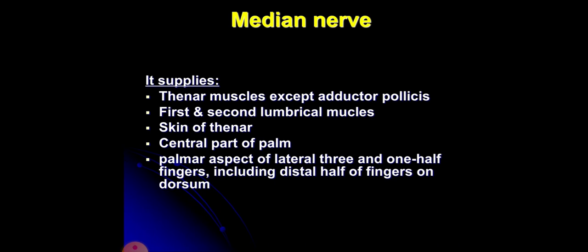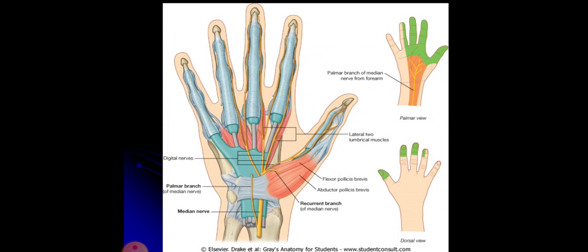Also, the median nerve supplies the first and second lumbrical muscles. In the forearm, the median nerve gives a sensory branch to supply the central part of the palm, and the median nerve terminates by giving rise to digital nerves that supply the hand.